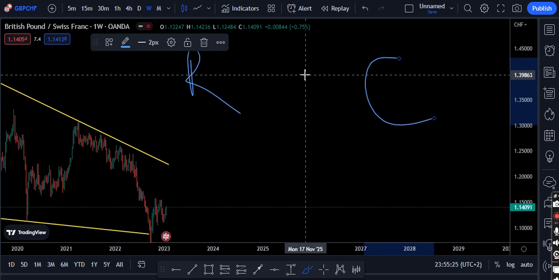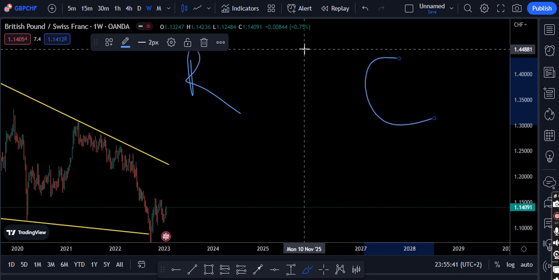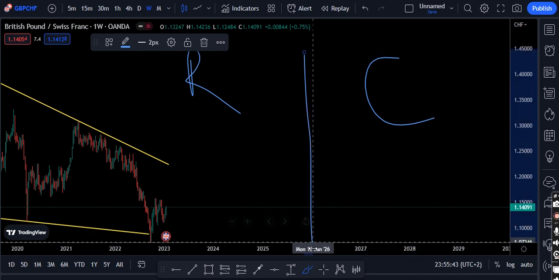When we talk about the reversal patterns, as I've already shown you how those patterns look, I'm just going to talk about their names. Let me draw a line here to separate these things.